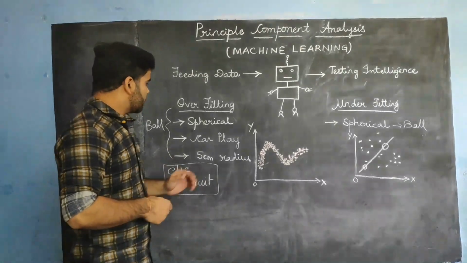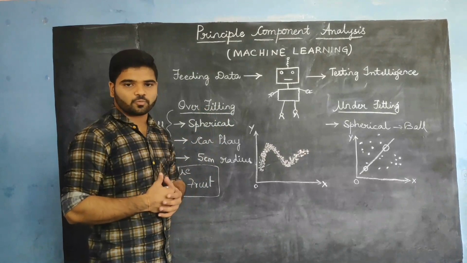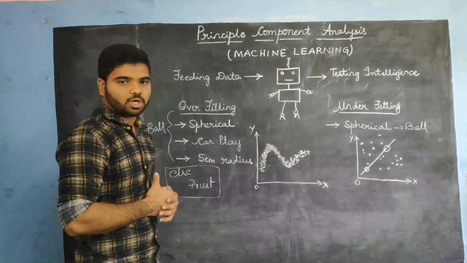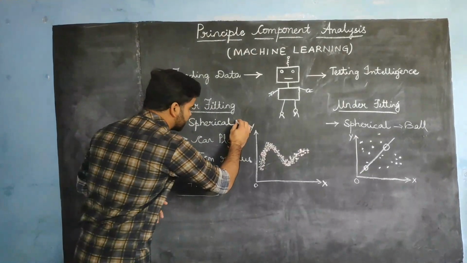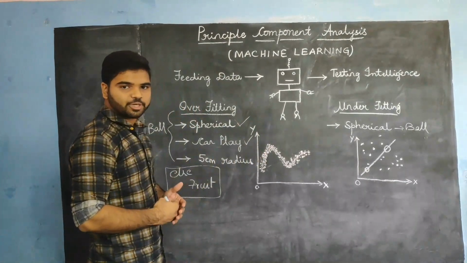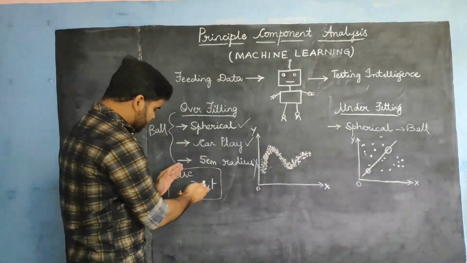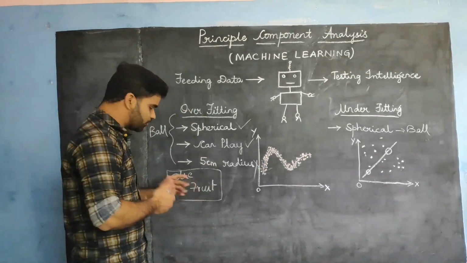Now, let us assume a football with a radius of greater than 10 centimeters. It satisfies the conditions spherical and can play, but when it comes to the 5 cm radius, it is not satisfied. Hence, the machine is going to call it a fruit.